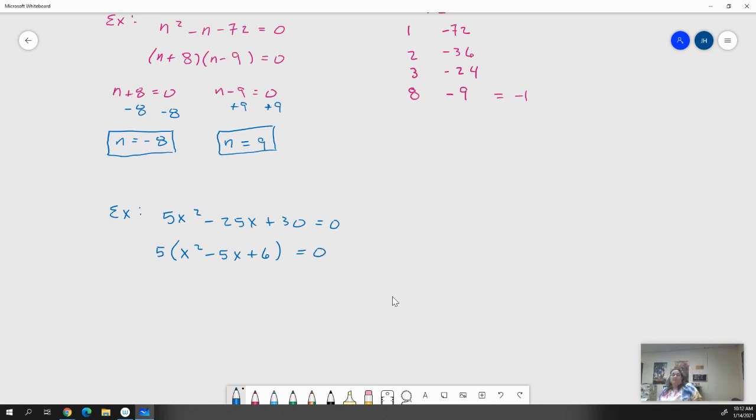So when we do this now, we just need to find our factors that work. We know that they're going to be x minus something times x minus something else. And we know that because of our chart, right?